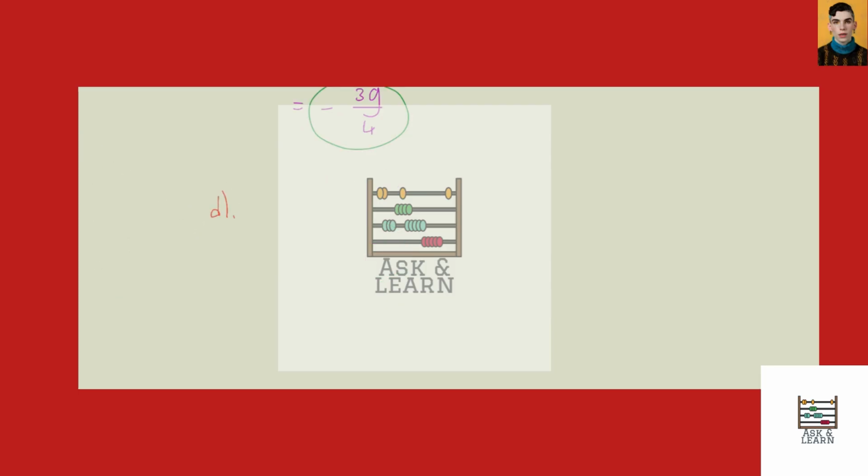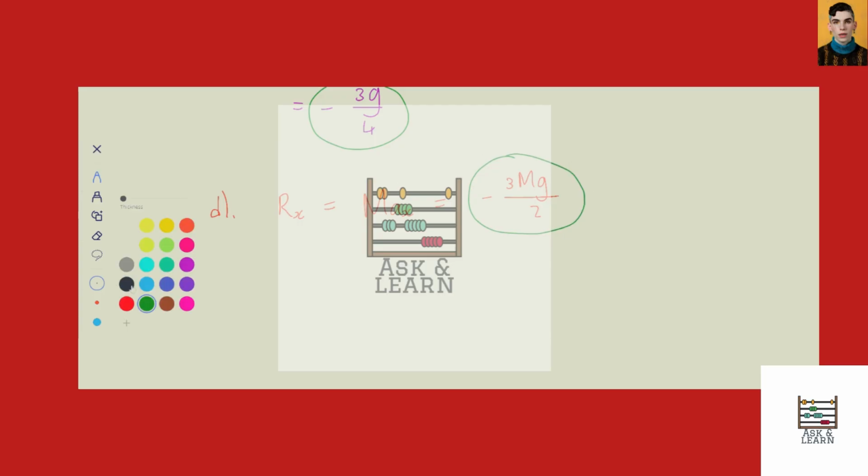For part D, we want to find the components of the reaction force at the pivot. So we've labeled this reaction force R, and it has components Rx and Ry. The x component of the reaction force, Rx, is equal to m ax, and this is minus 3 mg over 2, since there's only one force in the horizontal direction, and the force Ry minus the weight of the rod mg must equal m ay.